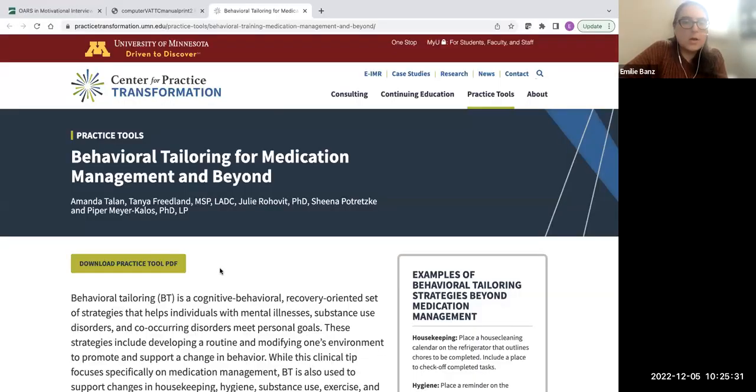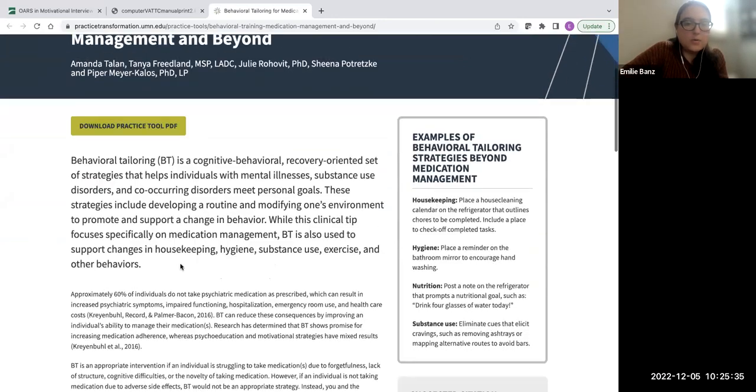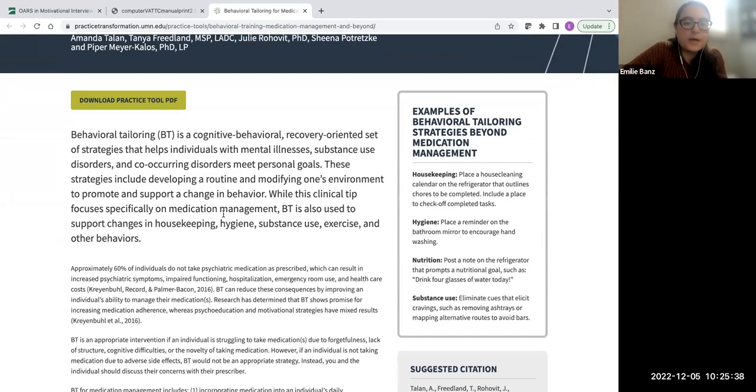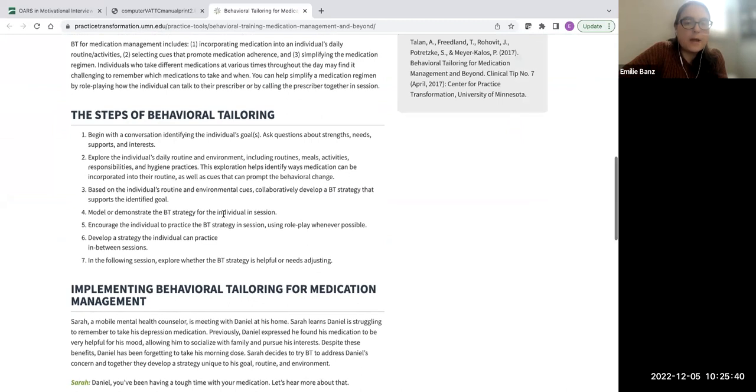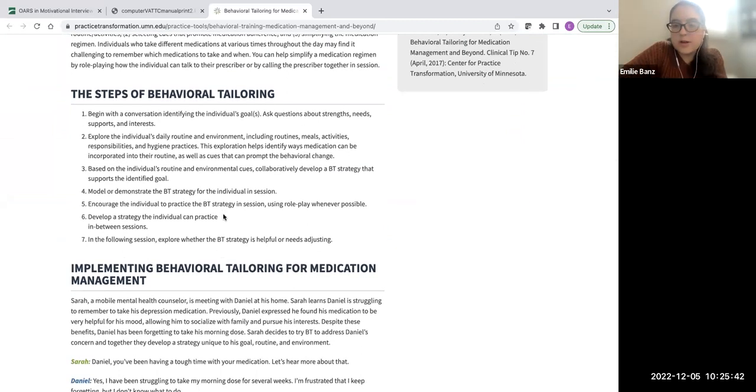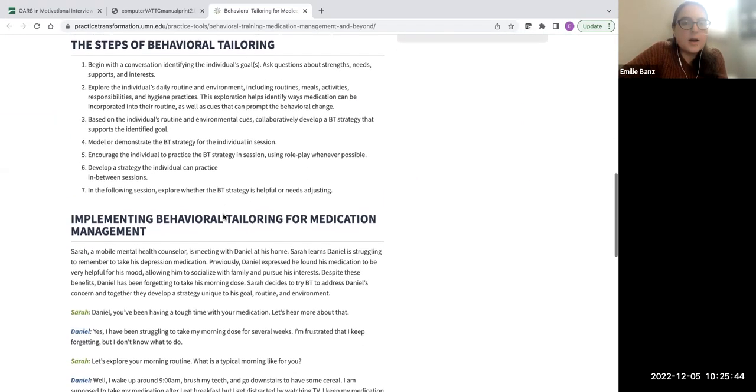Oh, no, wrong screen. Too many screens open. So this is a PDF that you can download that talks about behavior tailoring and how to use behavior tailoring as a strategy.